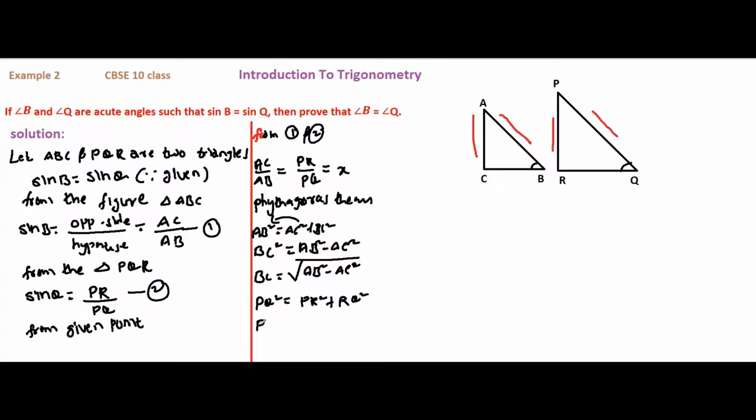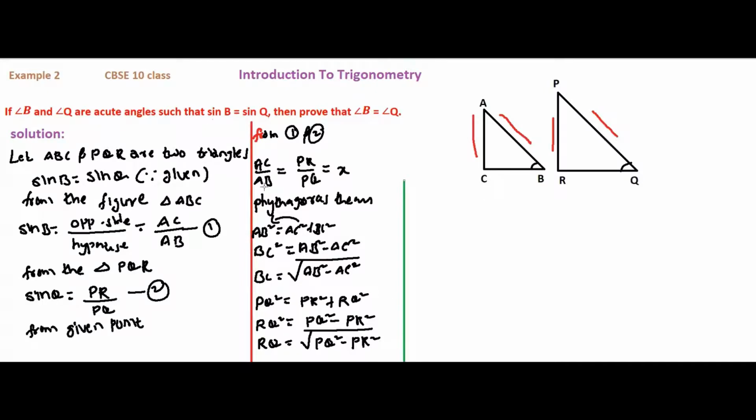From this, RQ square equals PQ square minus PR square. So RQ equals under root PQ square minus PR square. Then have a look at the next step.